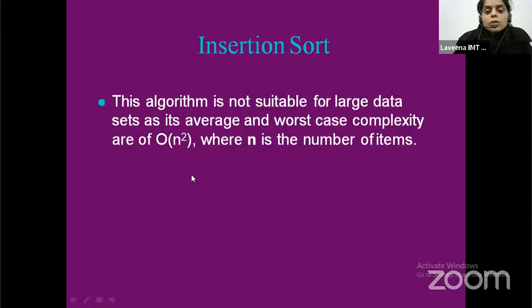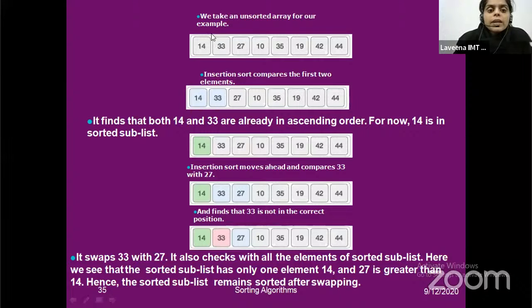The algorithm is not suitable for large amounts of data, as its average and worst case complexity are of big O of n squared, where n is the number of items. So here you can see an example of insertion sort: 14, 33, 27, 10, 35, 19, 42, 44.